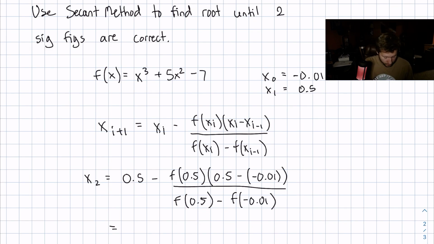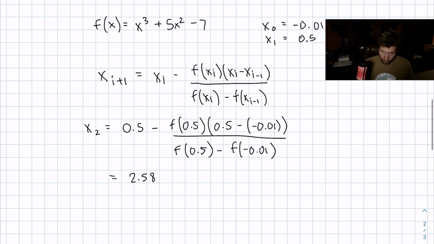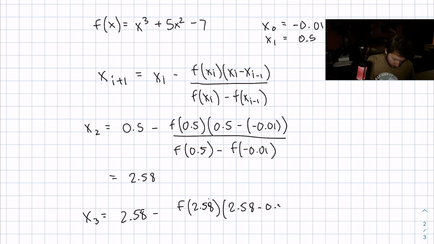I'm not going to calculate all that out, but you'll get 2.58 going through that. Then we'll keep going and iterating. This time for x3, we'll bring this one down to here: 2.58 minus f of 2.58 times 2.58 minus 0.5, over f of 2.58 minus f of 0.5.